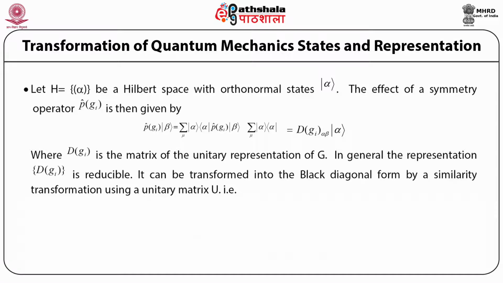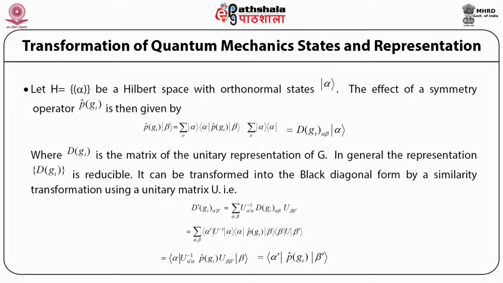That is, D prime of g_i with components alpha prime beta prime can be obtained from a similarity transformation of the matrix D g by the expression U inverse D g U, which can be written in terms of the states as U prime between the states alpha prime and alpha, multiplied by the expectation value of the operator P hat between alpha and beta, and the matrix U between beta and beta prime, summed over all alpha and all beta.